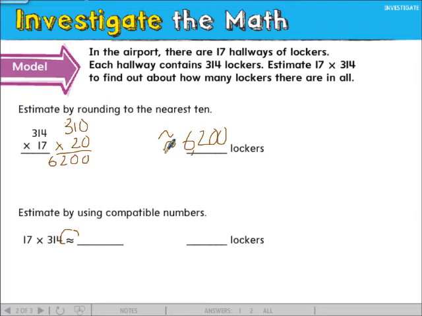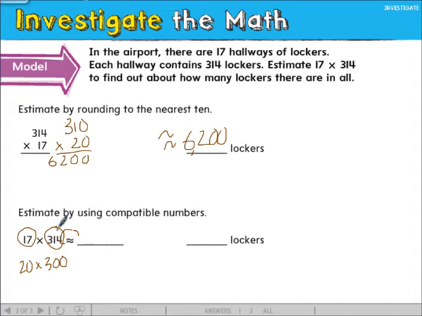Now down here it says estimate by using compatible numbers. So 17 is still going to become what? It's still going to become 20. And that's going to multiply. What's 314 going to become now? Exactly. So by using compatible numbers, I rounded this one to the nearest 10 and this one to the nearest 100. So when we're rounding to estimate, everything's going to be rounded to the same place value.